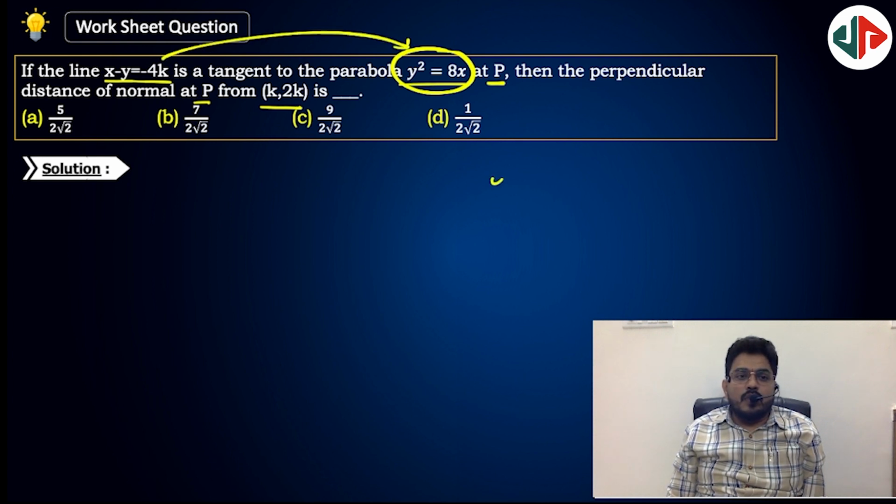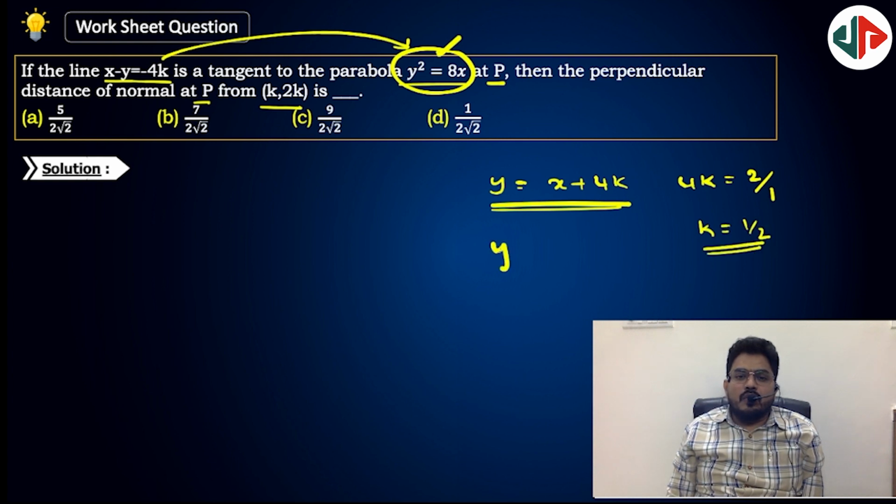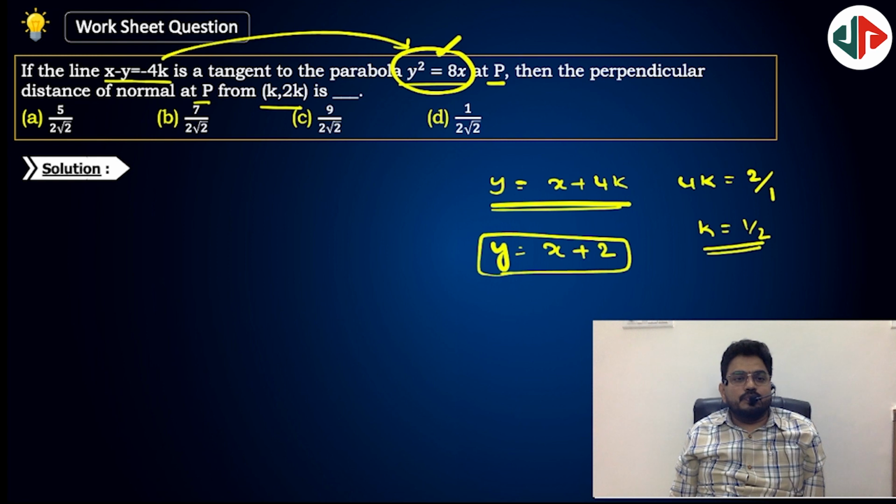Okay, so y is equal to x plus 4k is a tangent to this one. c is equal to a by m, where a is 2. So k is equal to 1 by 2. So the line is y is equal to x plus 2.